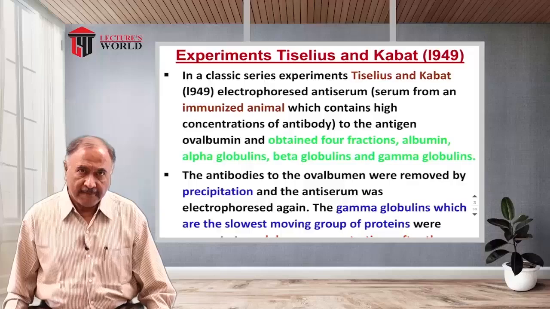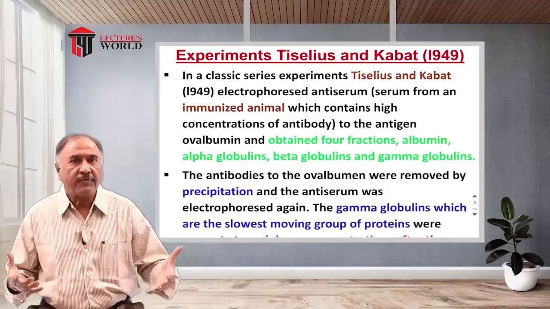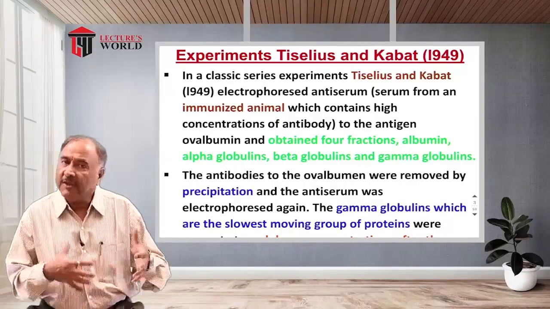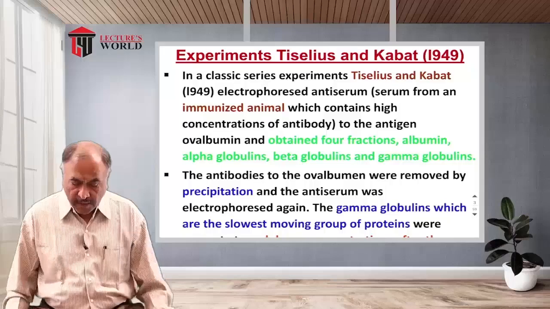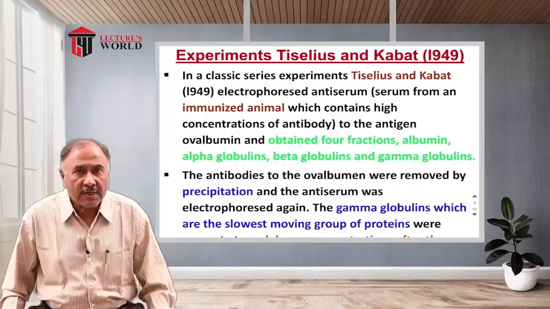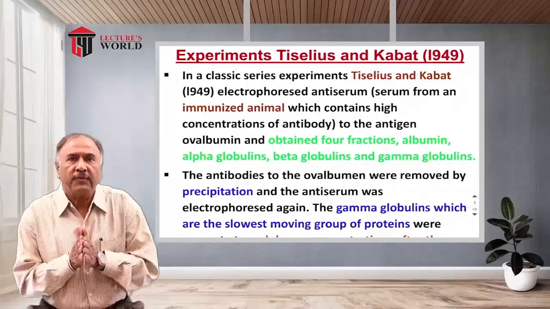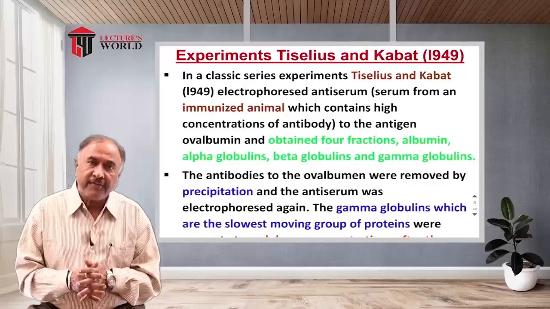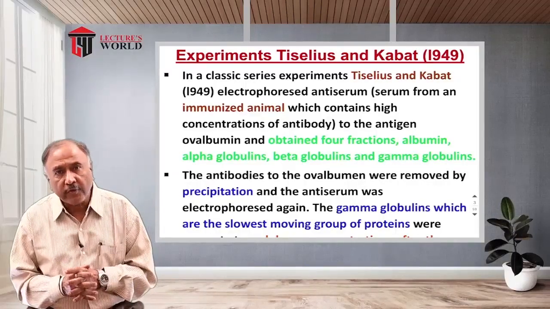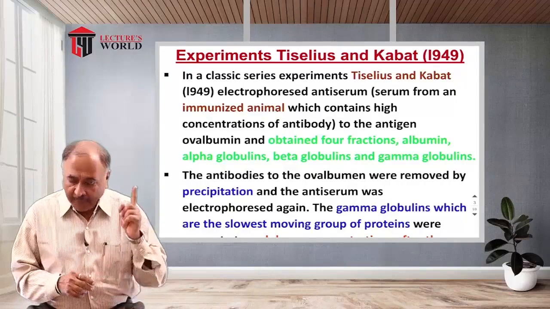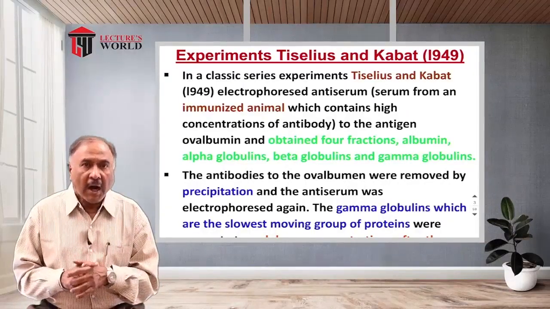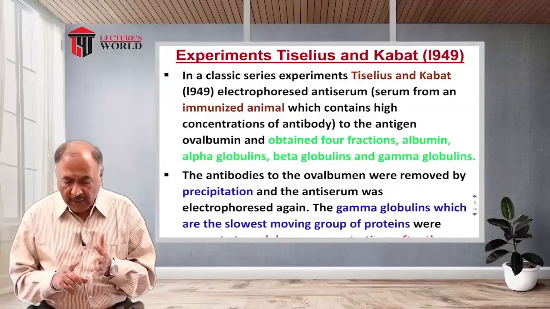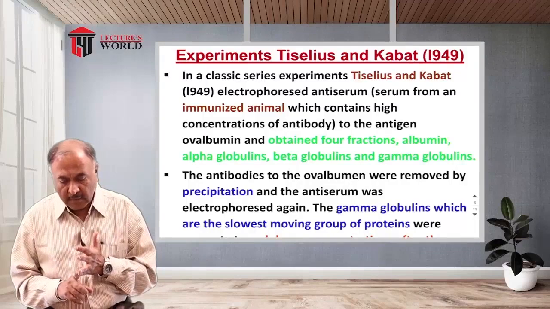It's a fluid material in which these formed elements, RBCs, WBCs and platelets, circulate in our capillaries. So this serum, when it was electrophoresed, then 4 different fractions were obtained. Which were those 4 fractions? 1st, albumin; 2nd, alpha globulins; 3rd, beta globulins; and the 4th, gamma globulins.